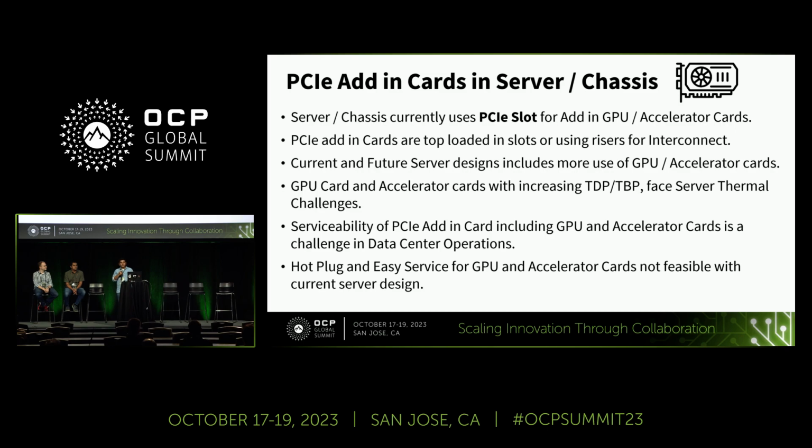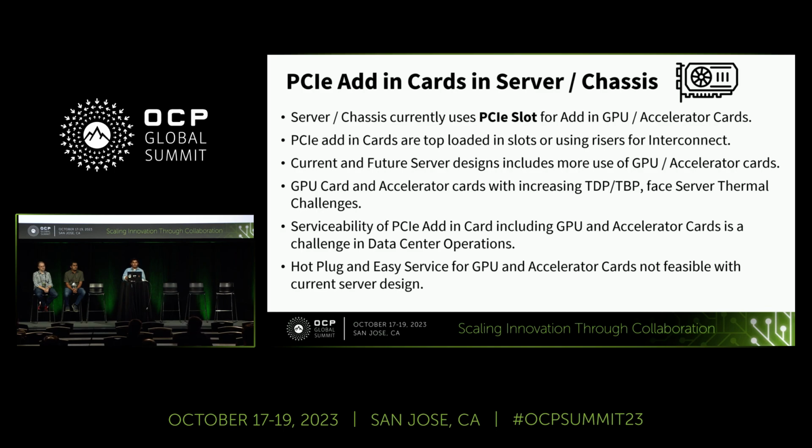The latest challenge is hot plug and easy service of these GPU cards. With the current server design, it is not feasible to have hot plug or easy service in the chassis design that we have. So we are looking for solutions there.